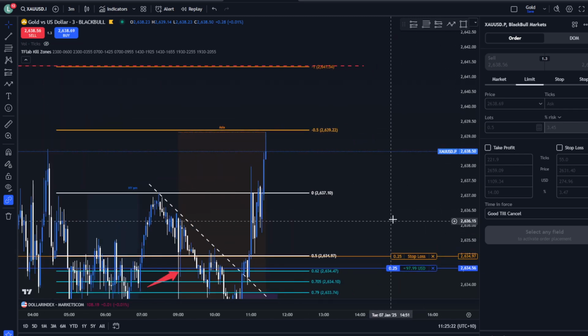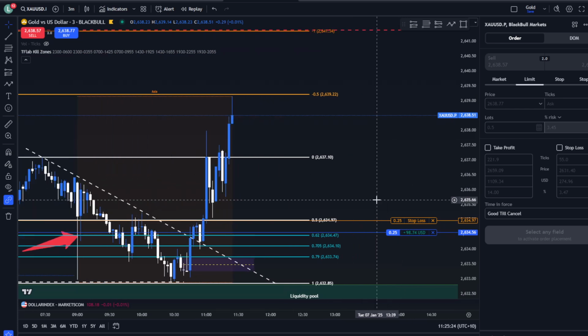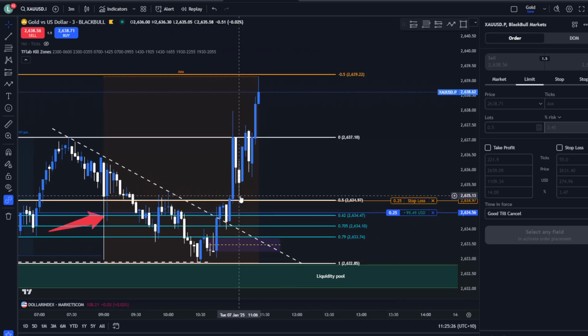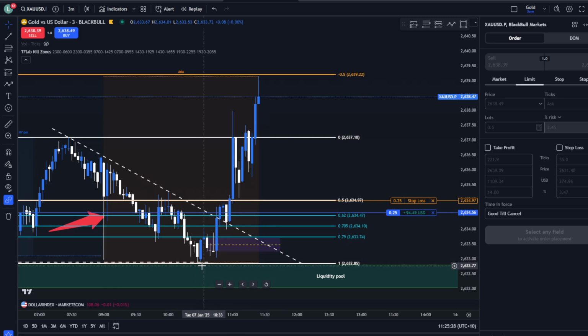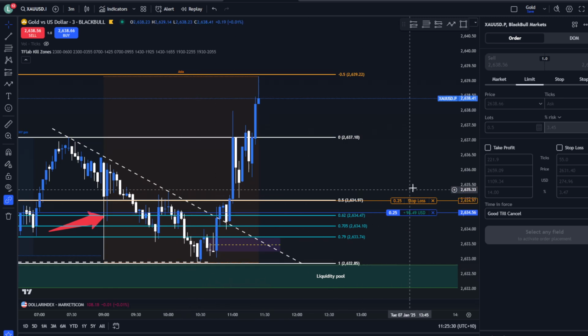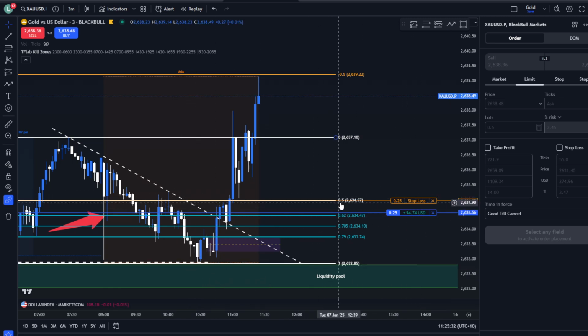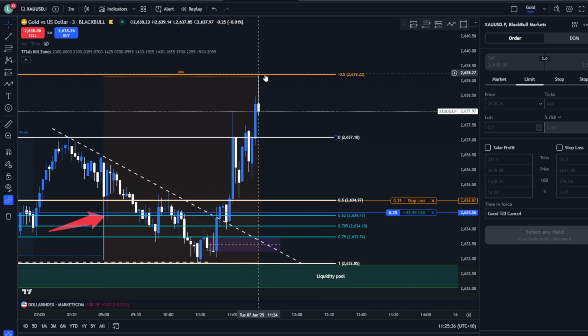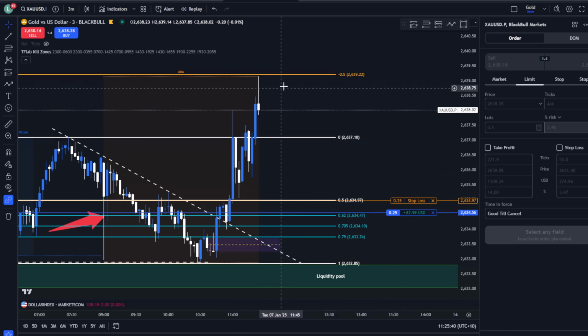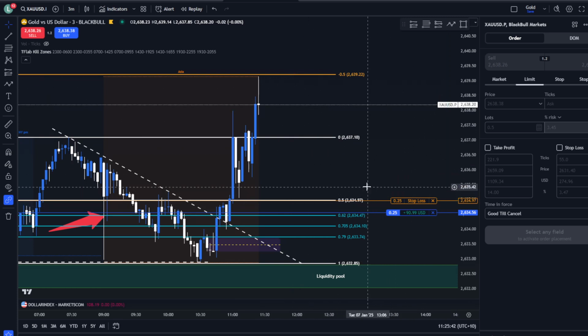But pretty insane to look at how close I was to getting stopped out once again. My stop originally was right under here, and then I moved my stop to this 50% level. I didn't end up taking partials up here, but until I take my next partial, I'm not going to move my stop loss.